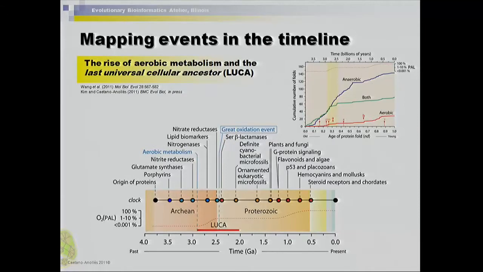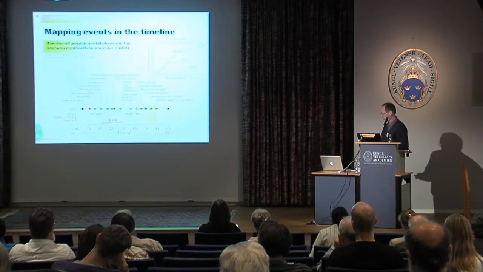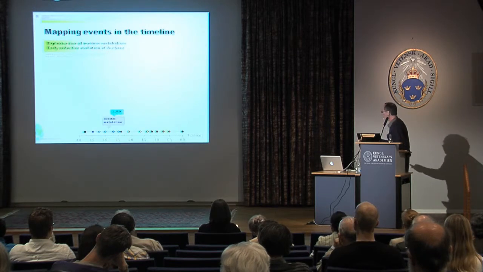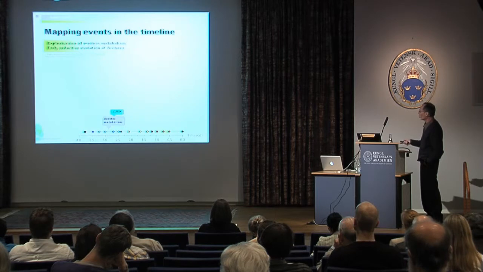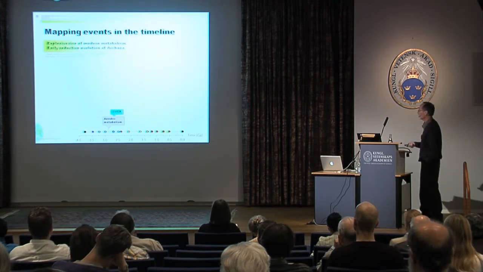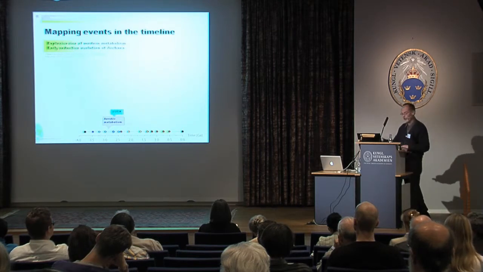So that means that diversification somehow coincided with the rise of oxygen on our planet, which is, I think, an interesting combination. In my talk, I will try to map all these events that are important to this timeline and see whether it makes sense to find where they appear.